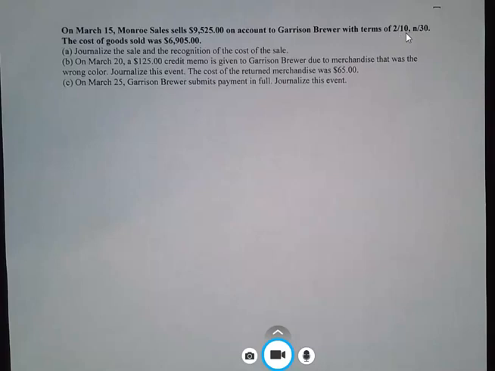With a 2% discount in 10 days, if we wait and pay this $9,525 bill in 30 days, we're essentially paying 36.7% interest. It's not interest on top of this, but what we're saying is only a fool would not take this discount. So if we pay this, we're actually paying interest to the tune of 36.7%.